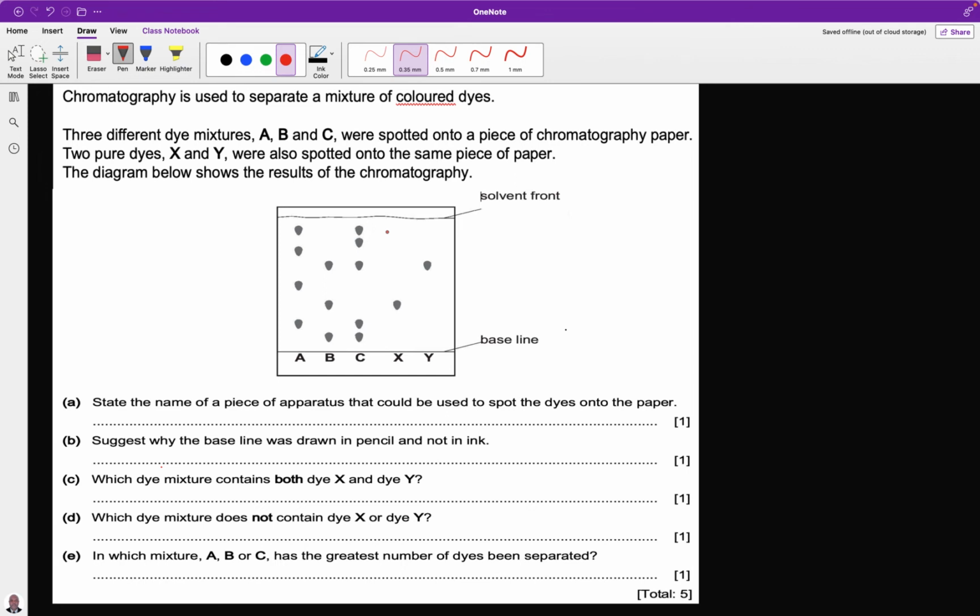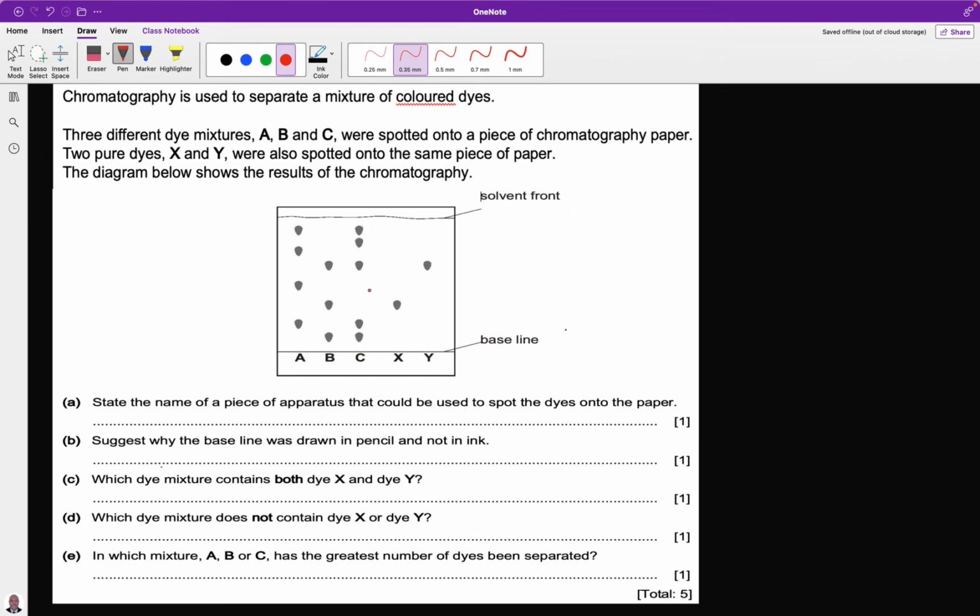Question A: State the name of a piece of apparatus that could be used to spot the dyes onto the paper. What apparatus could be used to spot the dye on this baseline, to spot the dye on A, on B, on C?